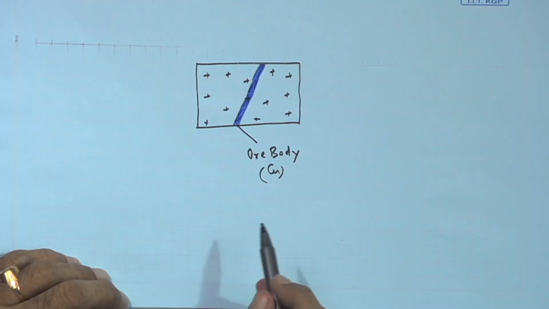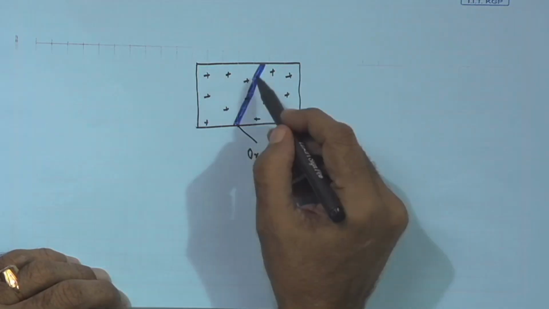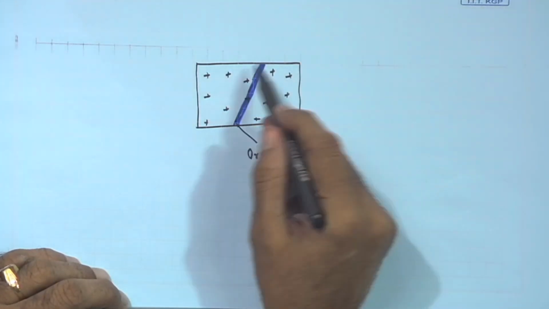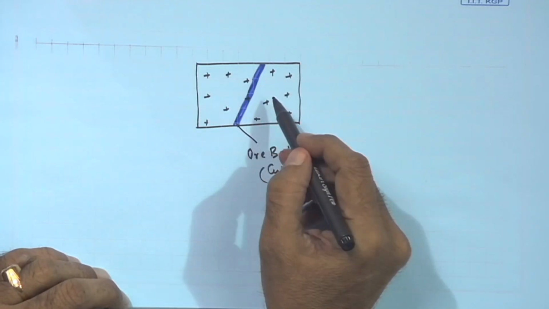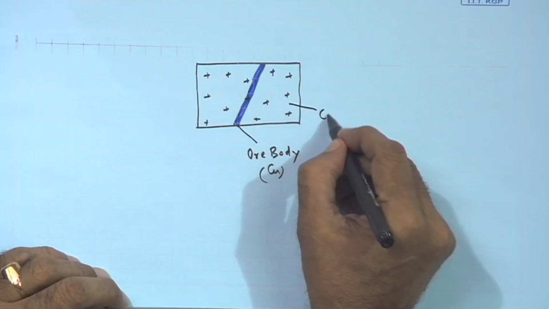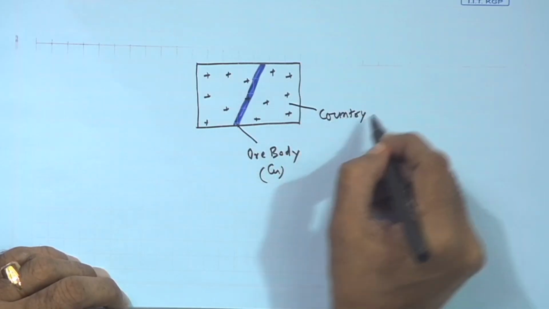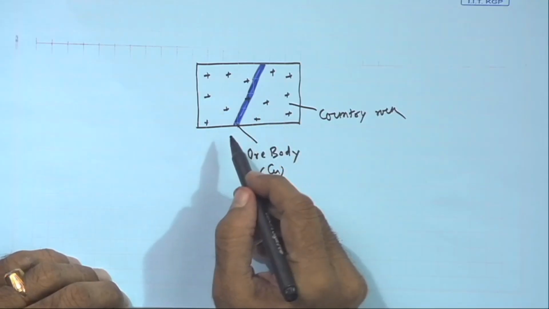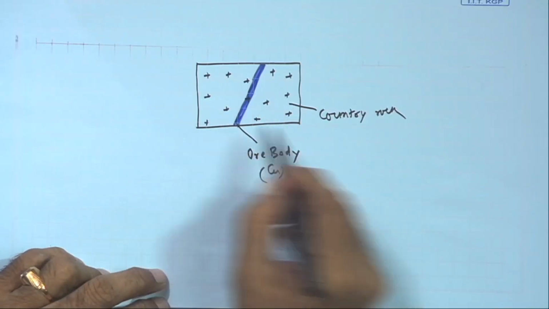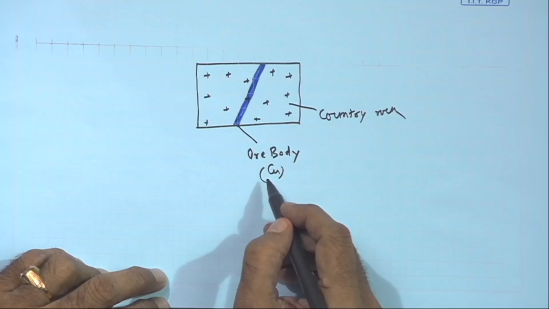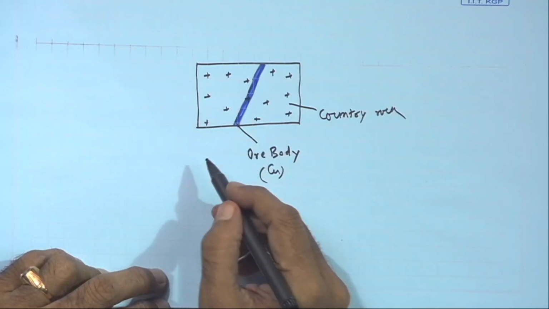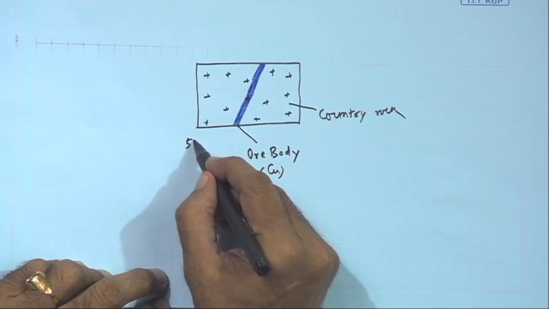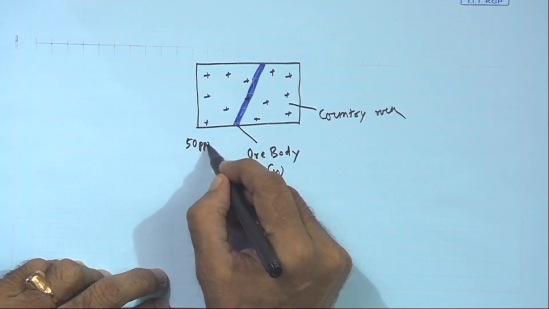So, what is basically meant by an anomaly? This definitely is a distinct physical entity, identifiable in a domain with respect to the surrounding rock, which we call the country rock. What is meant by an anomaly is that the concentration of this particular metal, such as copper, has a threshold value or a Clark value of, say, 50 ppm.